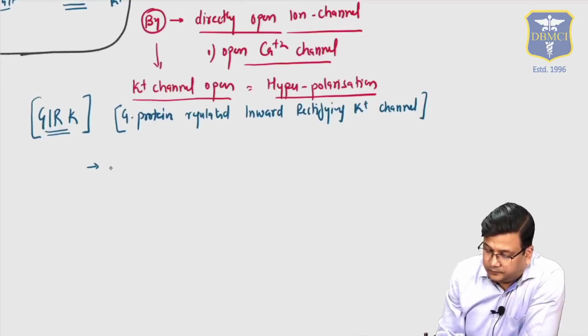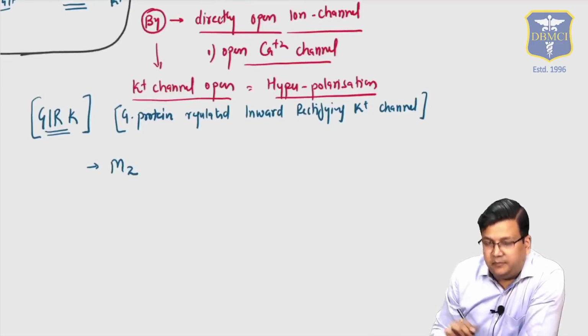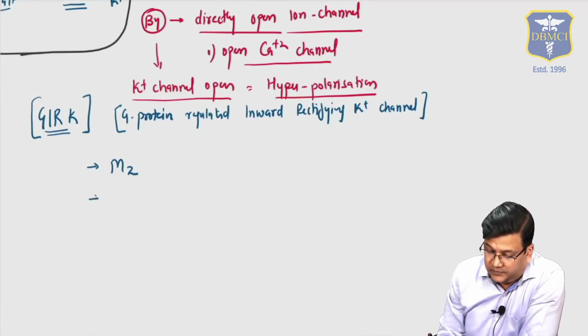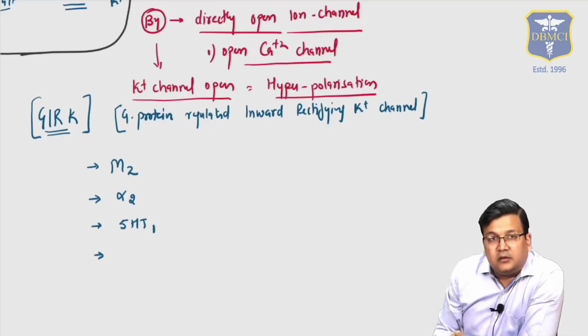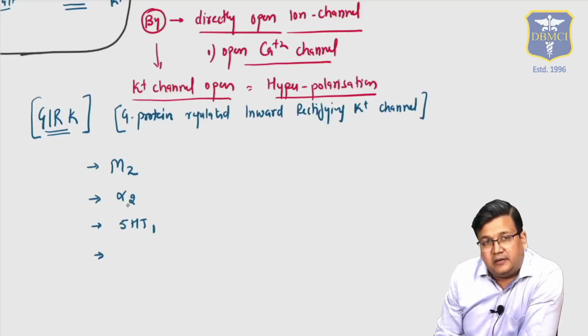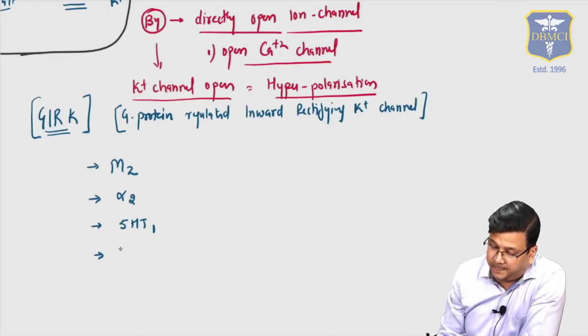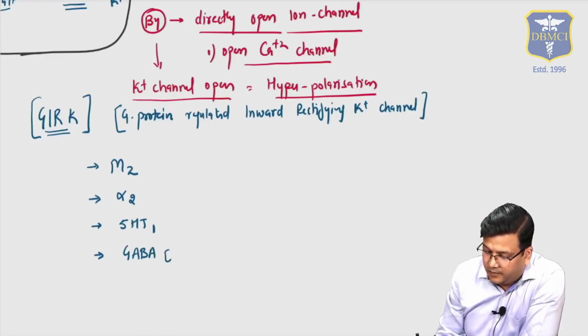Number 1, muscarinic type 2, alpha type 2, serotonin 1 receptor. So this is muscarinic and alpha in the autonomic system, serotonin 5-HT1, then GABA type B receptor.